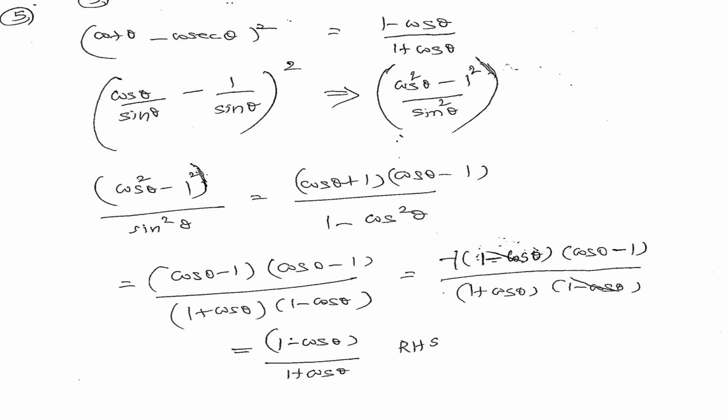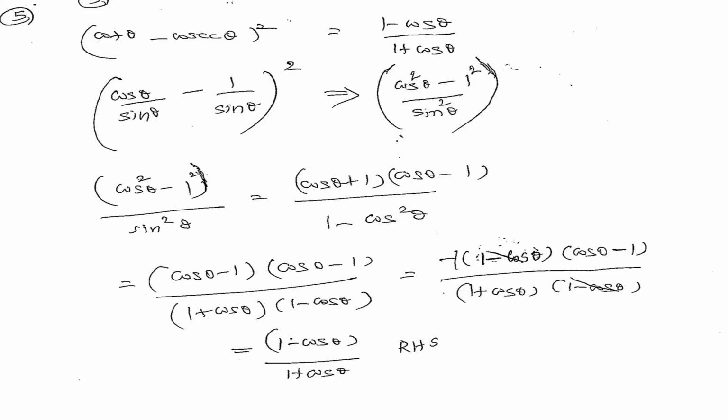Therefore, cot theta is equal to cos theta by sin theta, and cosec theta is 1 by sin theta. Therefore, (cos theta by sin theta minus 1 by sin theta) whole squared is equal to ((cos theta minus 1) by sin theta) whole squared, because the denominator is common.